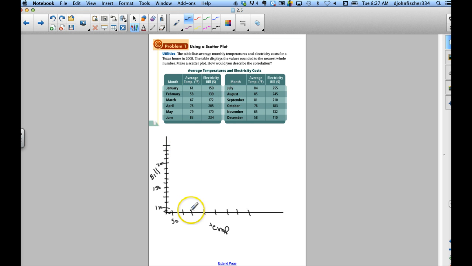So the first one is 61 and 150. Plotting a scatter plot, you're just going to put points there. 58 and 139, so it's a little less.